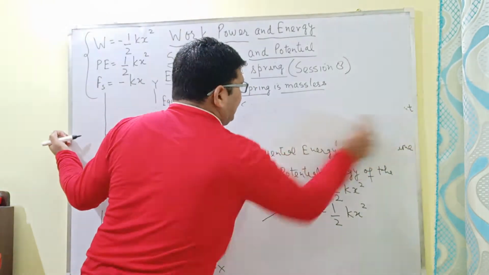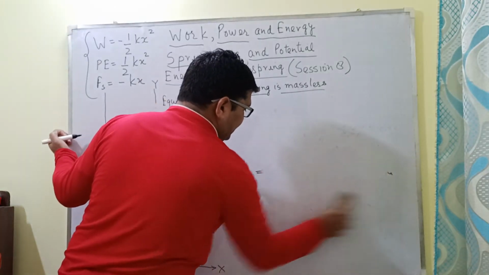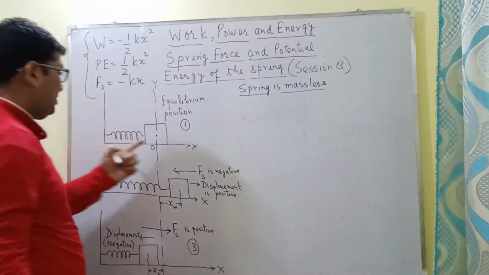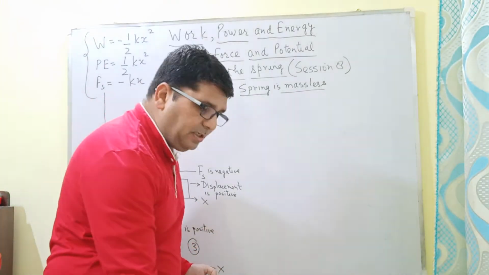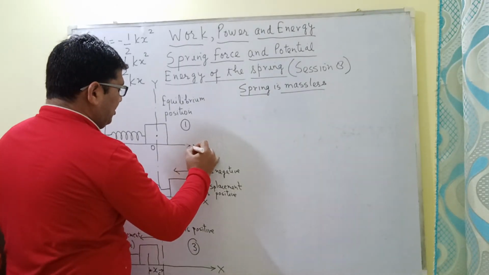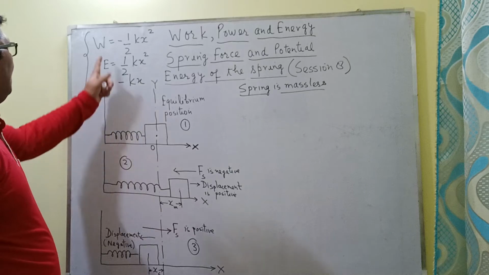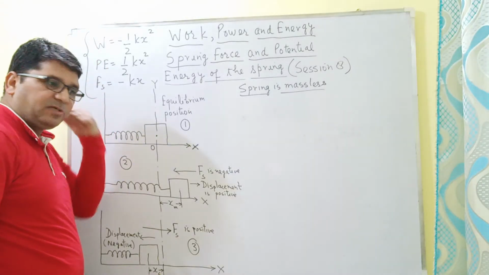Now here we have taken two assumptions: that the spring is massless, and that this block is lying on a smooth horizontal surface, that is, a frictionless surface. These are the two assumptions which we have taken in order to derive these equations.